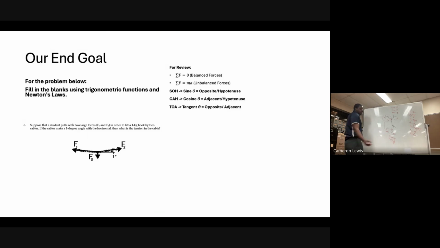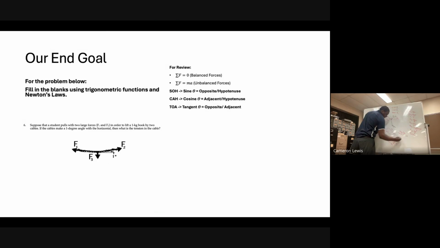Do a little bit of manipulation. I'm gonna multiply both sides by FT. So now I have sine of 1 times FT is equal to 4.9. I see multiplication by sine of the angle, so I divide by sine of the angle.